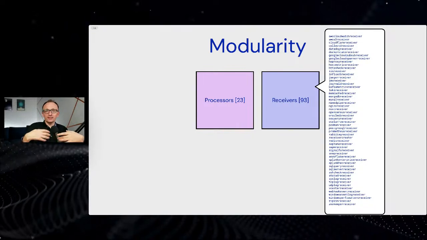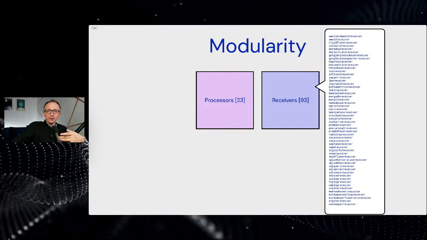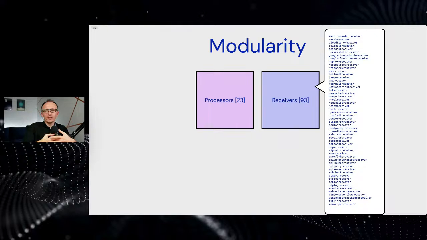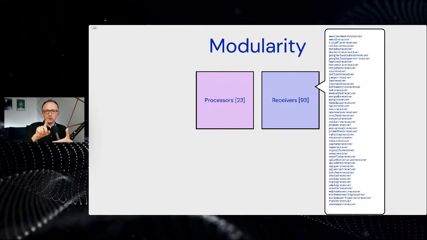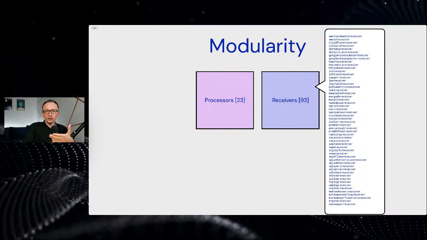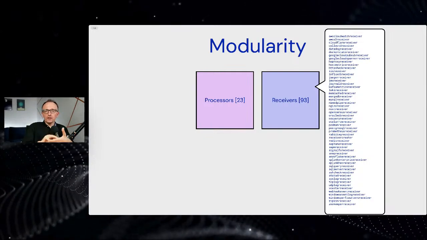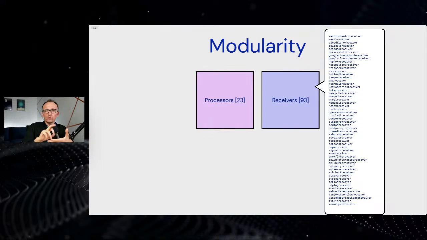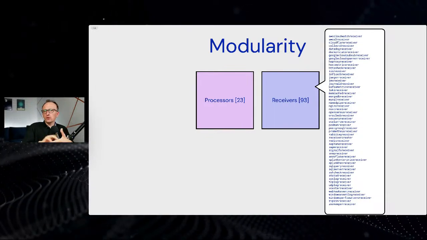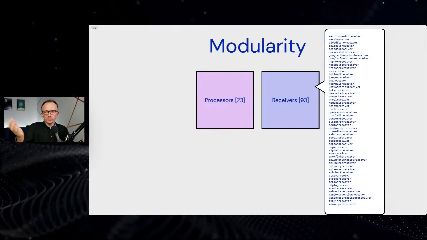So you can send data from even some legacy Unix systems. Of course, there are some receivers for Datadog, for Oracle. Yes, for Oracle, including databases, and things like SNMP for network devices, or commercial products like Splunk.